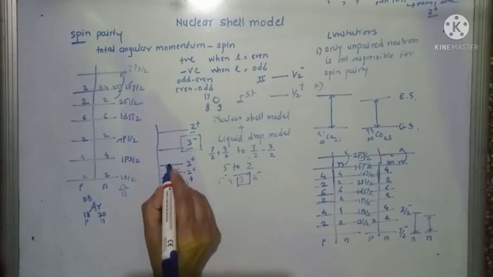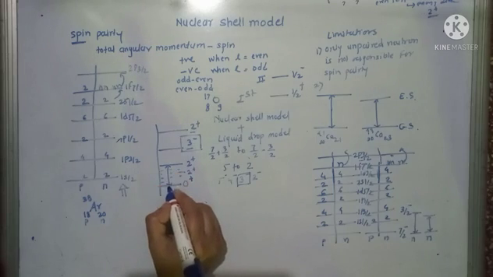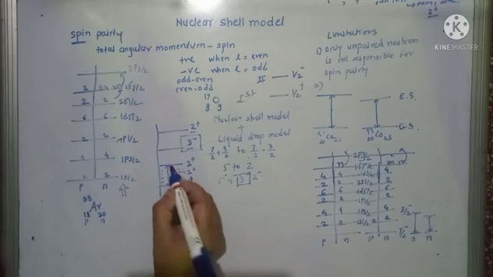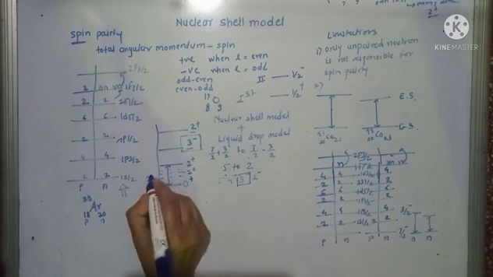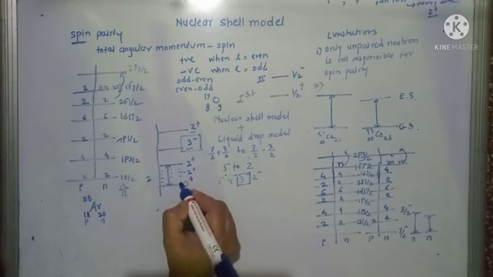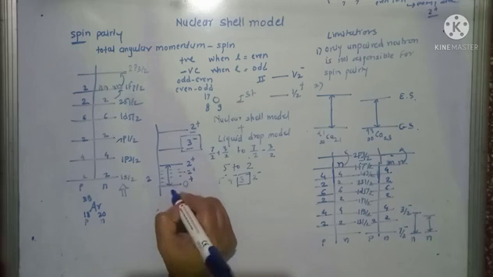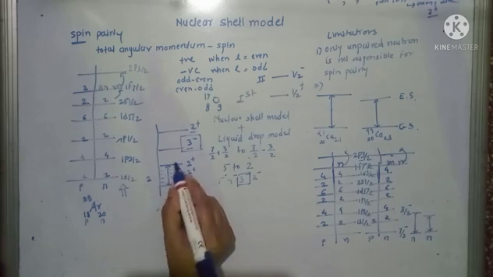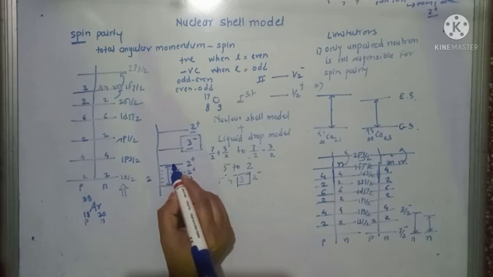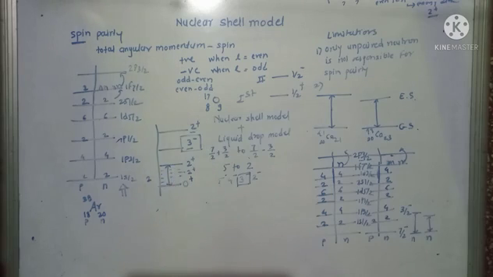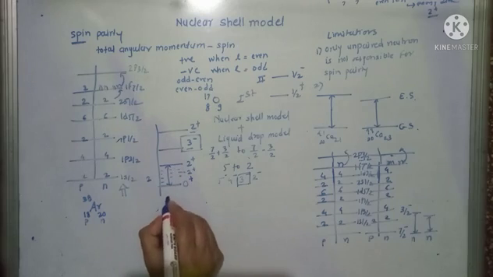The excitation of a neutron or proton from one energy level to another requires nearly 2 MeV. But some excited states are seen below this 2 MeV, which means that they are not due to the jumping of neutrons or protons from one energy level to another, and these energy levels could be given by the collective model.